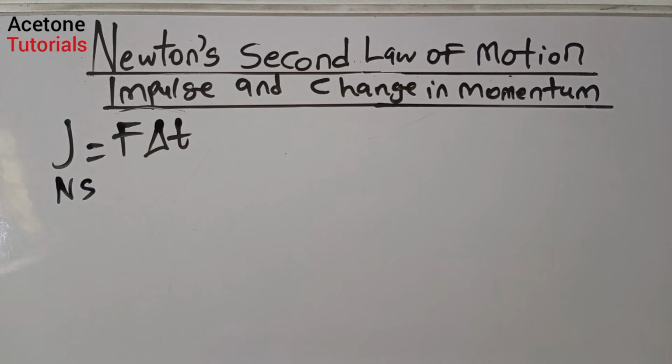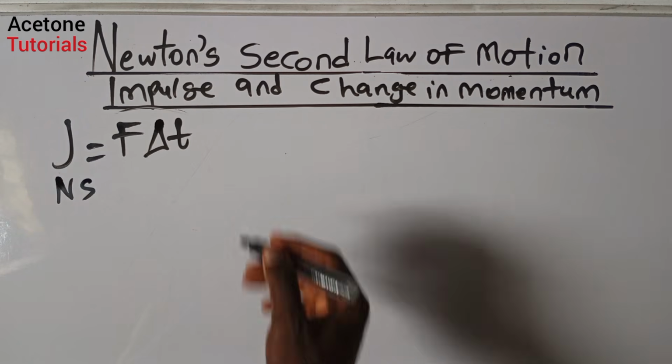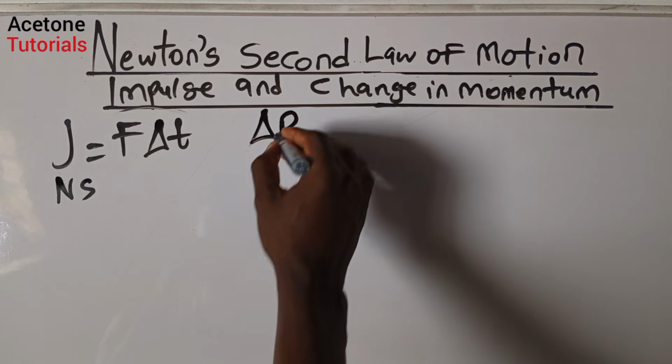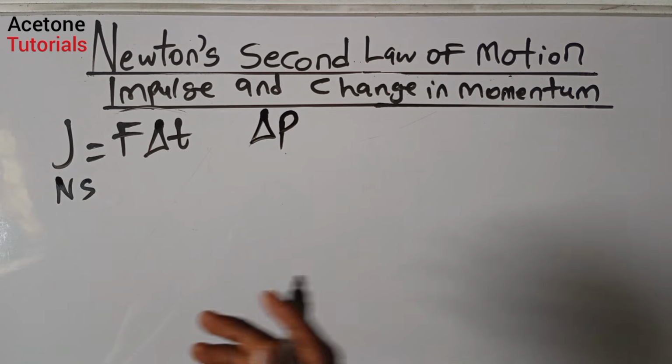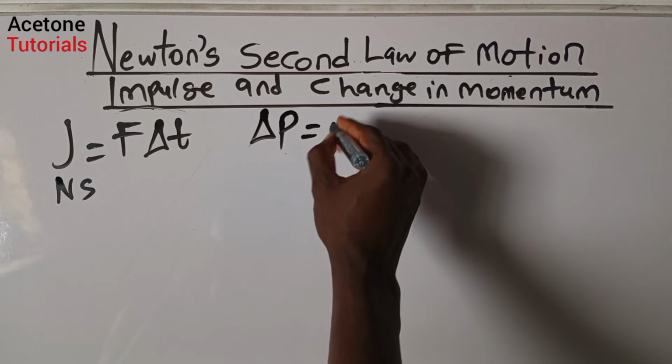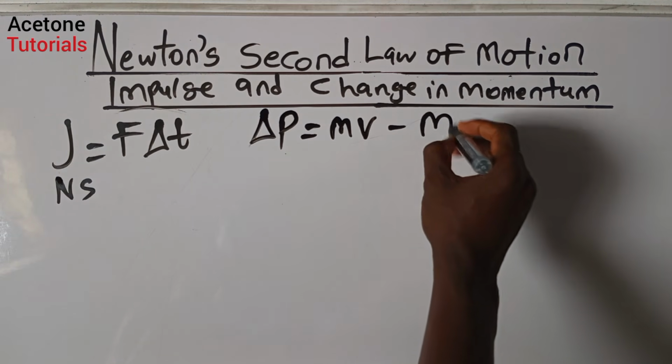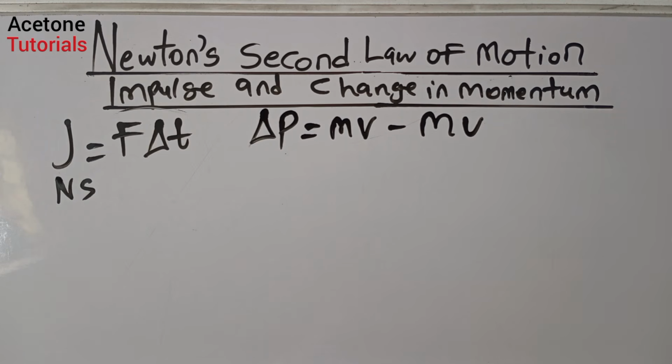Now, for the change in momentum, momentum is the product of mass and velocity. So the change in momentum will be the final momentum minus the initial momentum, which is mv minus mu.